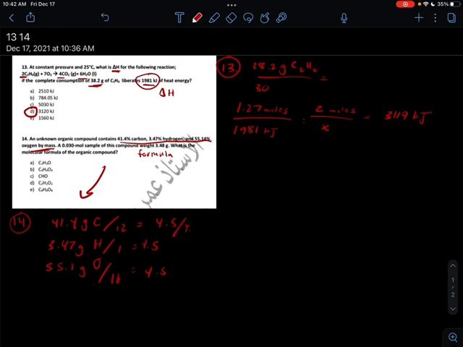But they're all 4.5. So we're going to have 1, 1, and 1, and these X's right here are going to be 1s. And that's for the empirical formula.